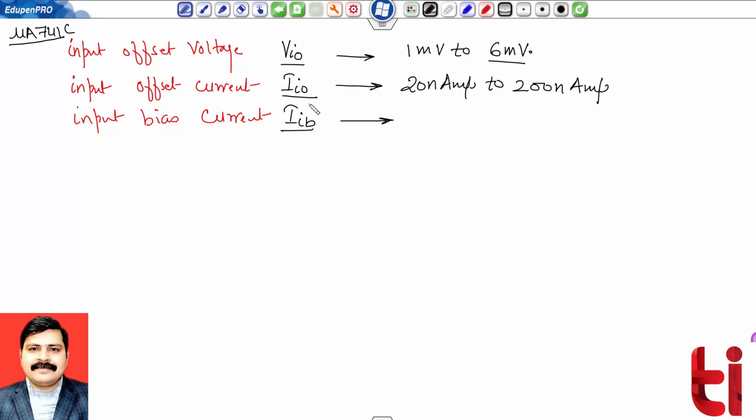So in the differential amplifier, we are giving this particular current to one of the bases of the transistor, and its typical range is from 80 nanoampere to 500 nanoampere.